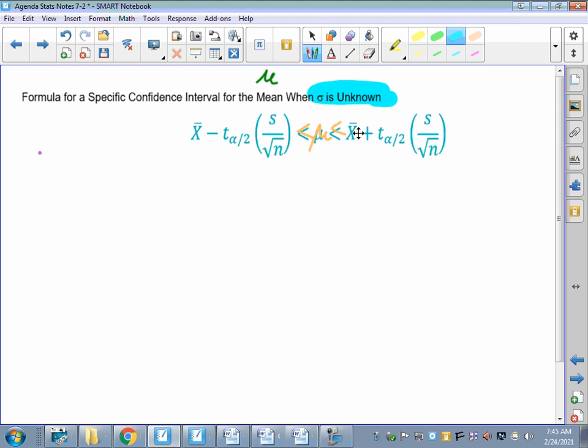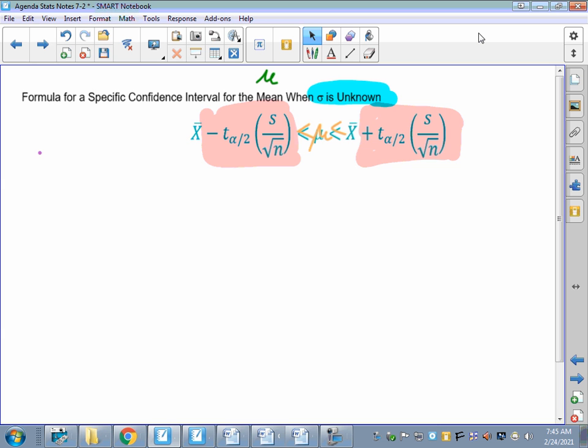I'm going to highlight my margin of error formula. Here's my margin of error formula. So I'm going to plus and minus, x bar plus and minus, the t of alpha over 2 value times s over the square root of n. Please notice that this is really the same formula that we did when sigma was known.